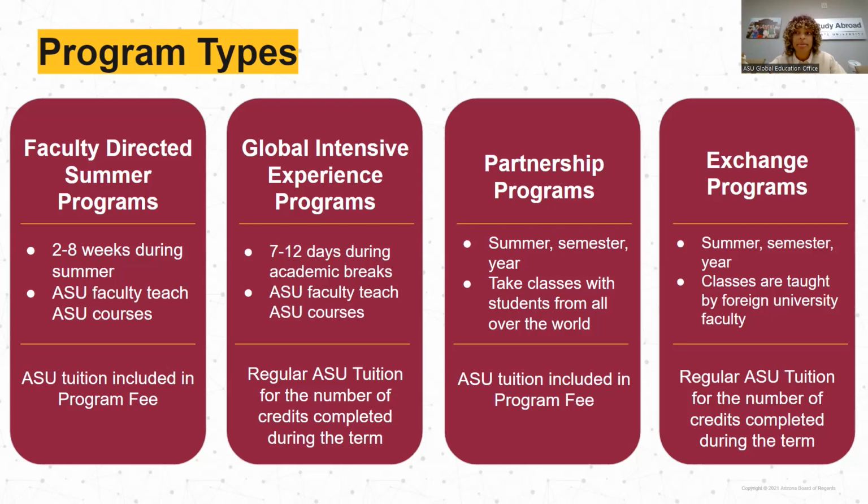Since these programs are so short, students are usually taking the class attached to the program during the semester. So for example, you would take the class during spring semester session A and then go abroad to finish out the course over spring break. So you're paying for the class alongside your spring semester tuition.